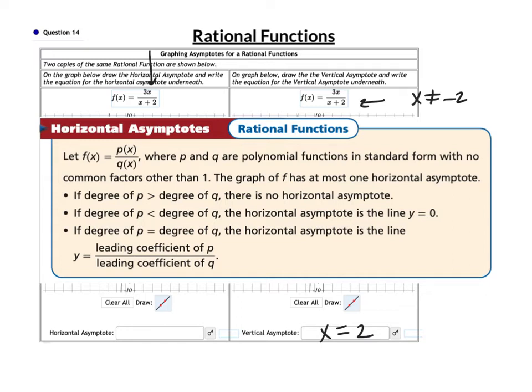Notice how the degree of the top, 1, and the degree of the bottom, 1, are equal. That means we're dealing with this rule right here. The horizontal asymptote is the line y equals the leading coefficient of the top divided by the leading coefficient of the bottom, which is 3 over 1. That's 1x to the first power, 3 over 1. y equals 3 over 1, or y equals 3, is a horizontal asymptote.